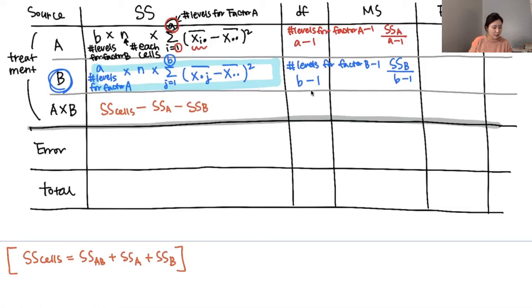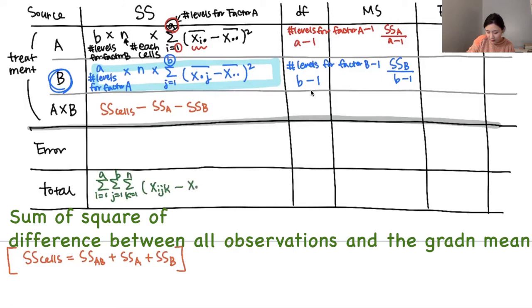Sum of square total is the sum over i from 1 to a, j from 1 to b, and k from 1 to n, of x i j k minus x dot dot dot bar squared.